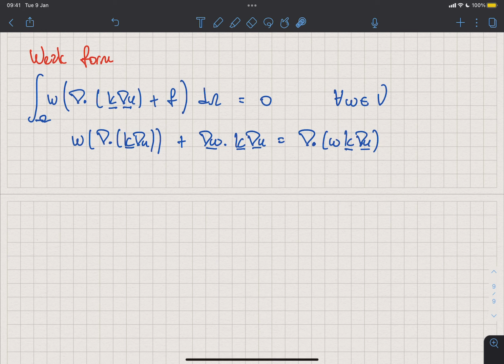So I have this W, which is a scalar field, multiplied by a vector. So if I apply the divergence, I should get a scalar. On the other side, grad U is a vector, a tensor applied on a vector, and then the other side is also a vector. The dot product between two vectors is a scalar. And then here, that is basically the term that we already discussed. You can also do it component-wise and check that this identity is true.